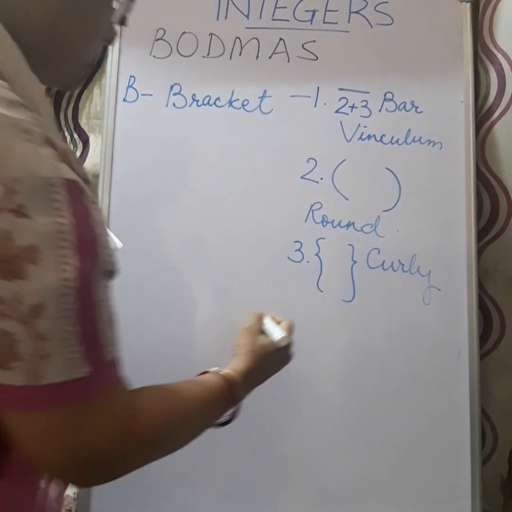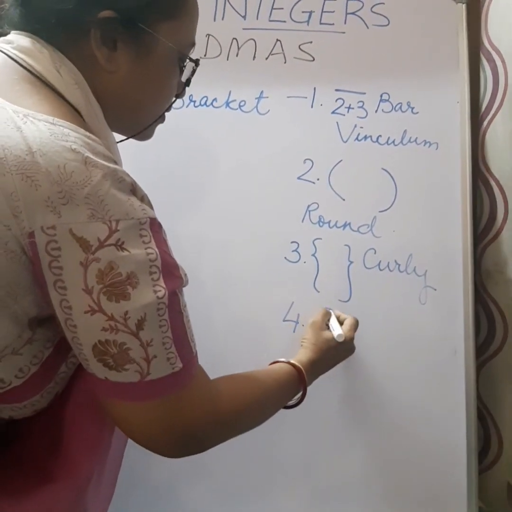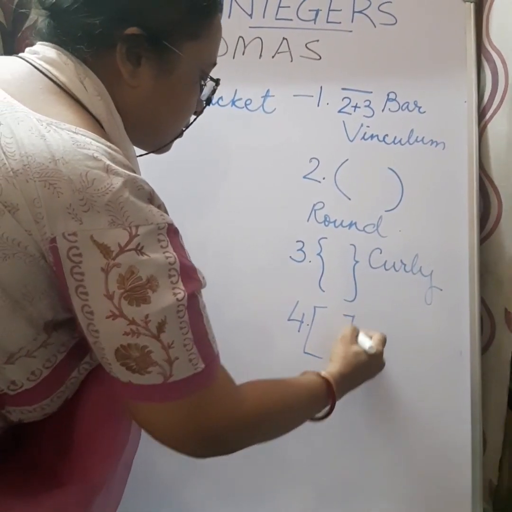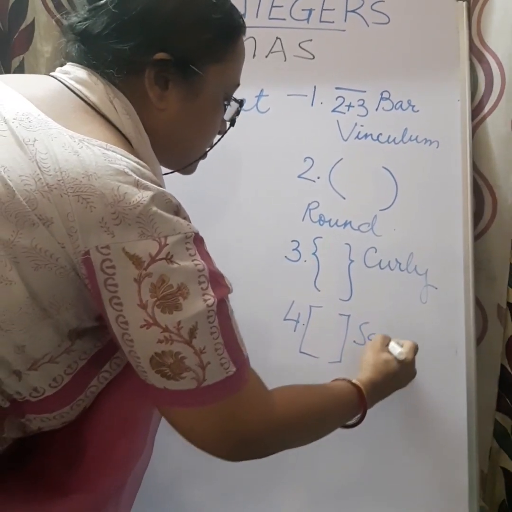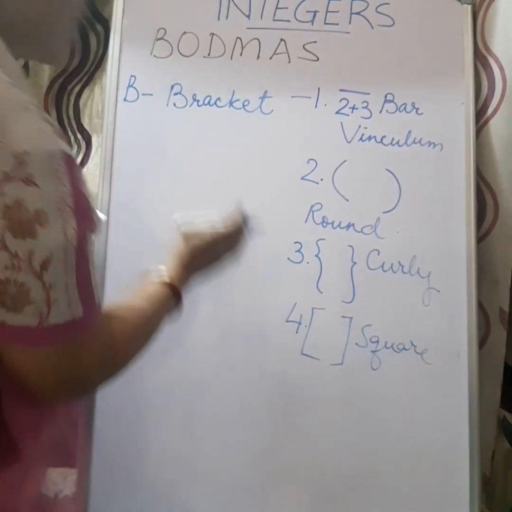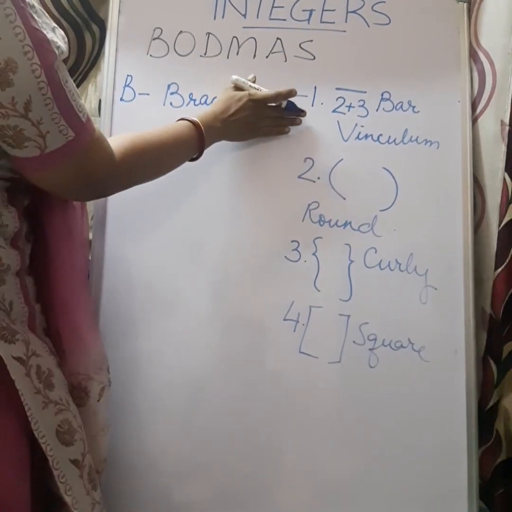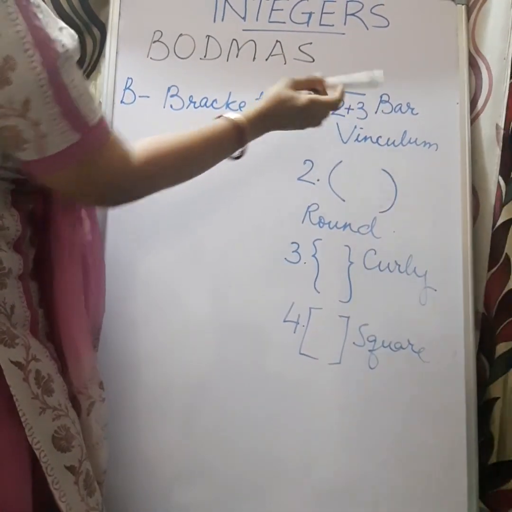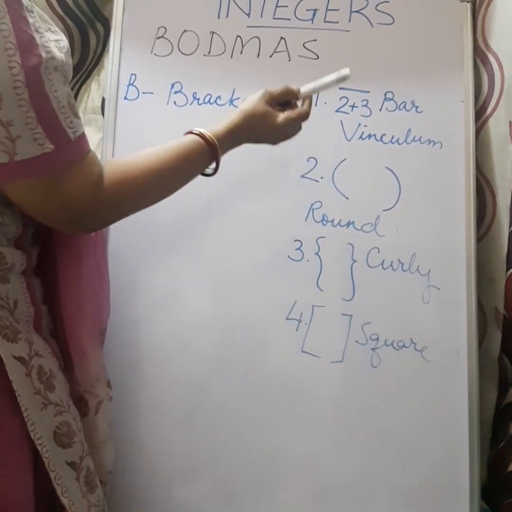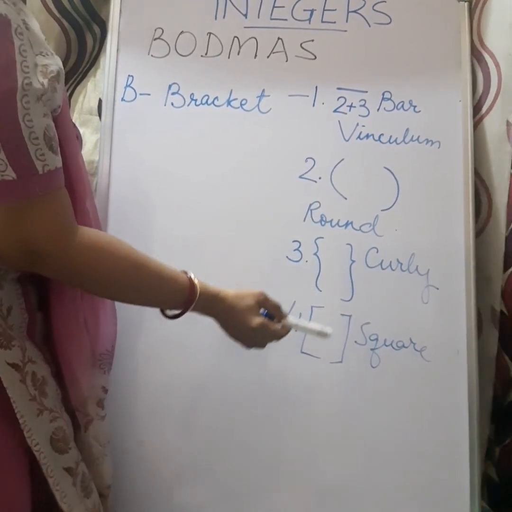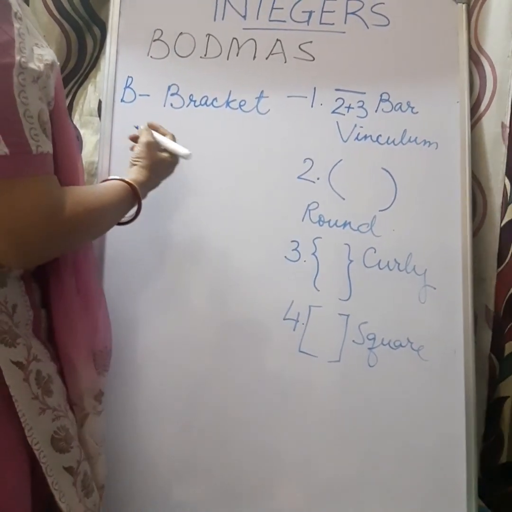And the fourth one is like this, we call it square bracket. So among the brackets, first we should solve the bar bracket, then the round bracket, then the curly bracket, and then the square bracket.